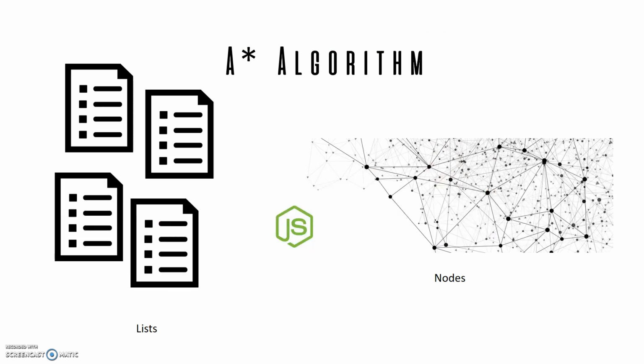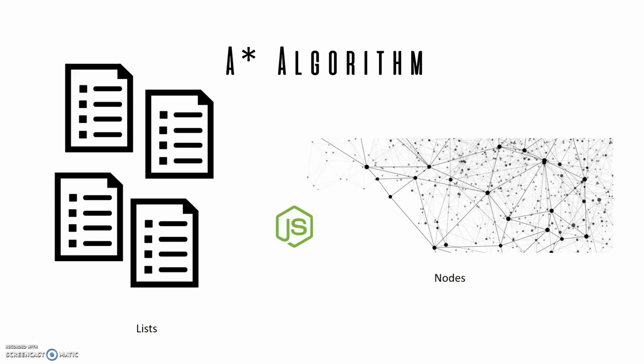So, A-star uses two things. It uses lists and nodes. As far as lists go, it uses something called an open list and a closed list. Basically, I'll explain that when we hit the visual, but all you need to know right now is that an open list is nodes that need to be checked, and a closed list is nodes that have already been checked.